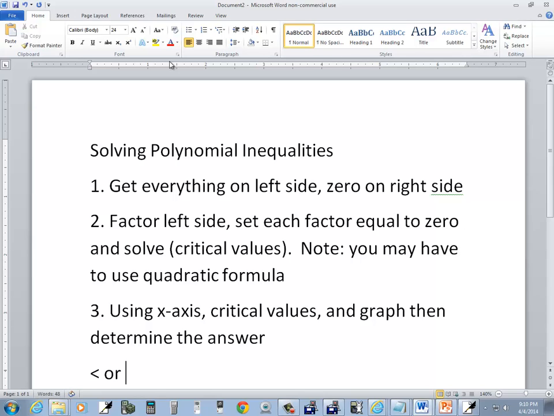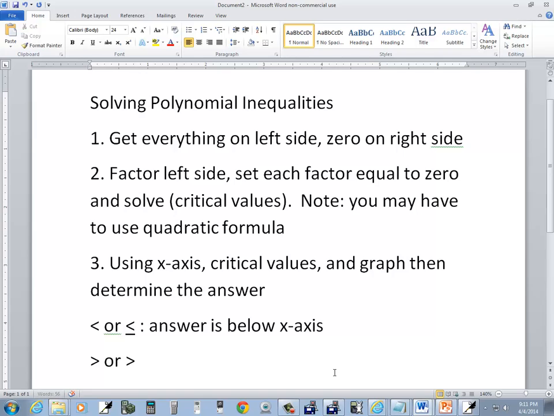Less than or equal to, the answer is below the x-axis. And let me fix that. Okay. There we go. If you got a greater than or equal to, your answer is above the x-axis.